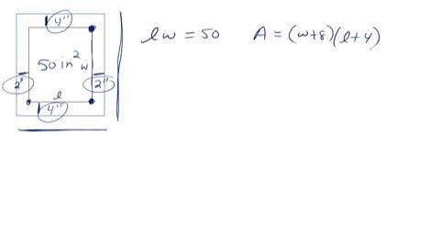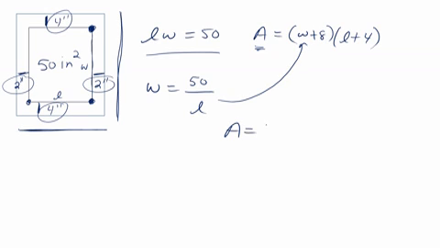Now we have an area function that we want to minimize. First we need to write that in terms of one variable. So let's go ahead and solve this equation for W. W would equal 50 over L. We'll now substitute that value in for W here. So the area function that we need to minimize, A, would equal the quantity 50 over L plus 8 times L plus 4.